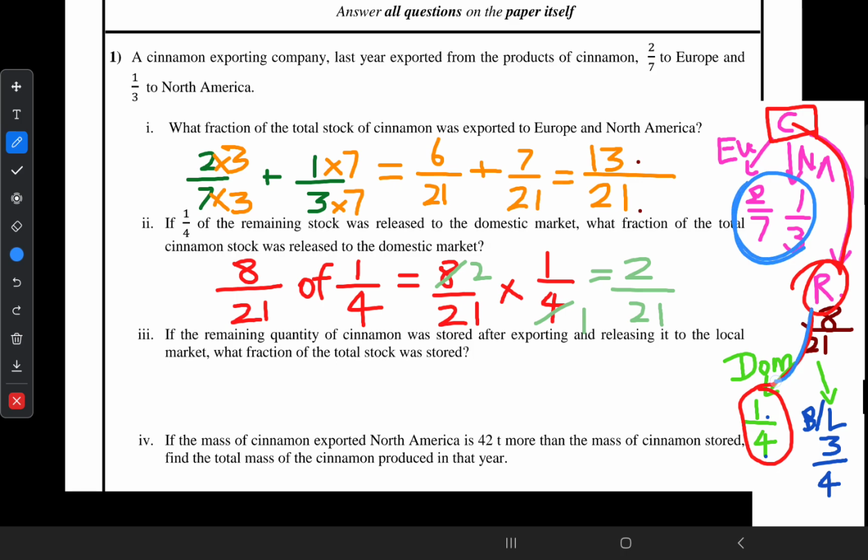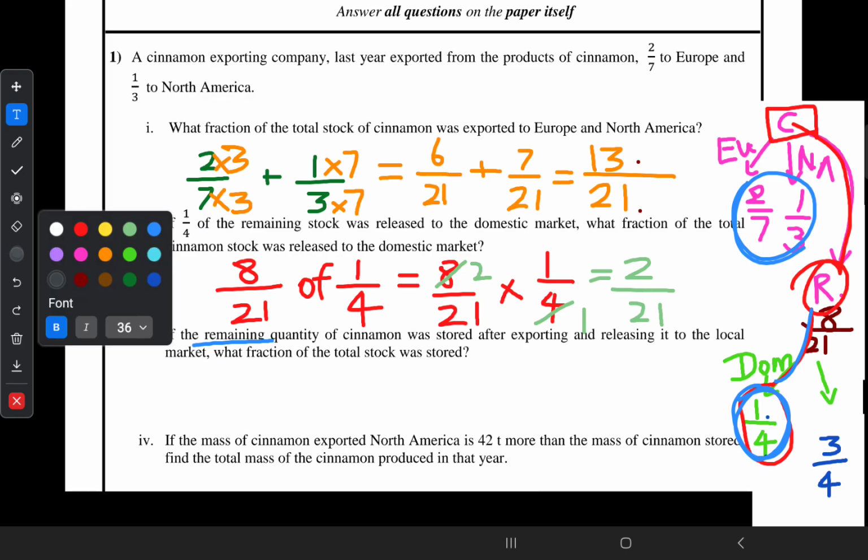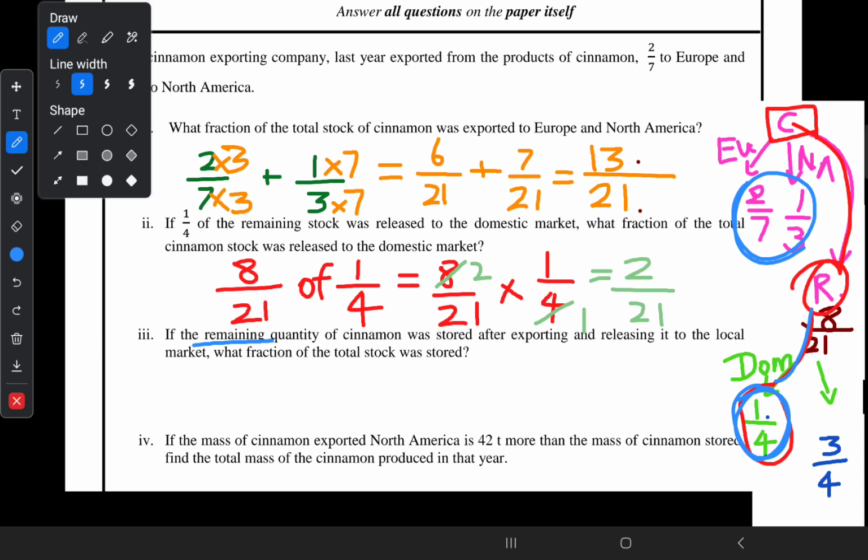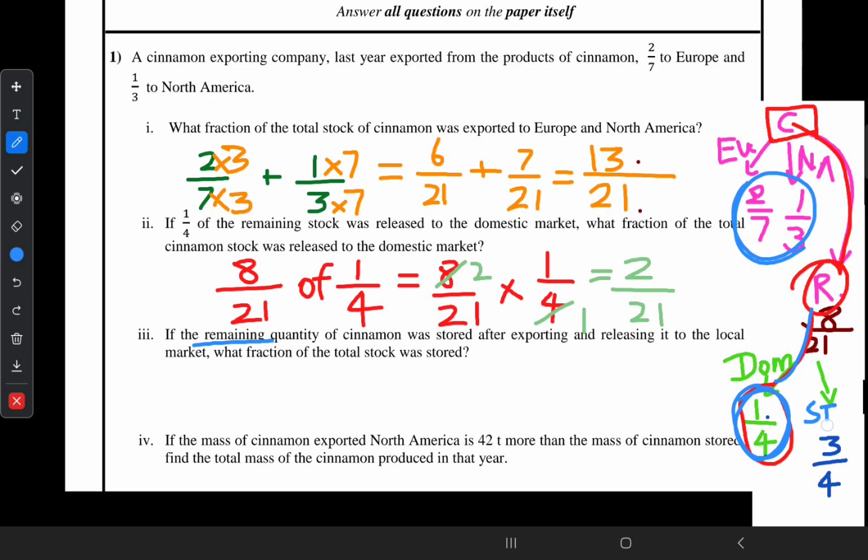After exporting and after releasing, there is another remaining portion as well. Here we indicated that one as balance. They are talking about the balance. The remaining quantity of cinnamon was stored. This is stored. Okay, I'll write this and indicate it as the amount of stored cinnamon. Stored.